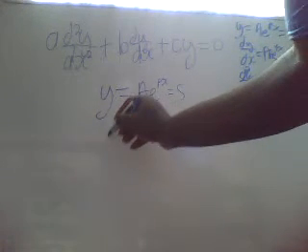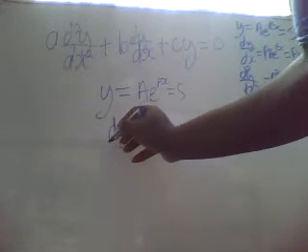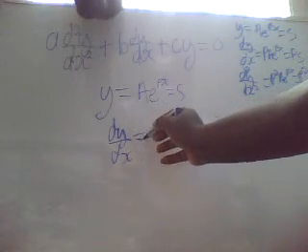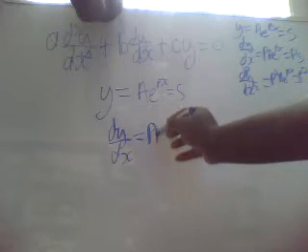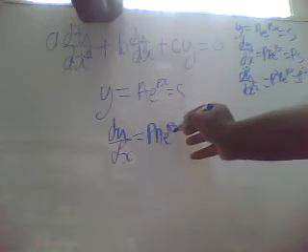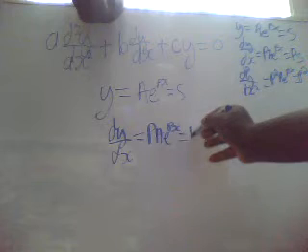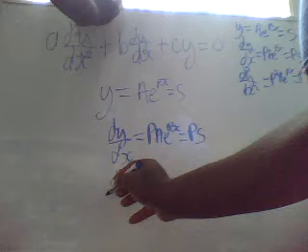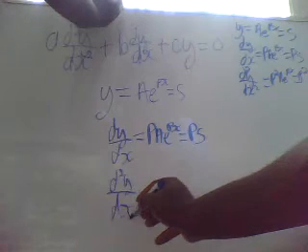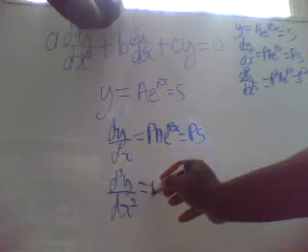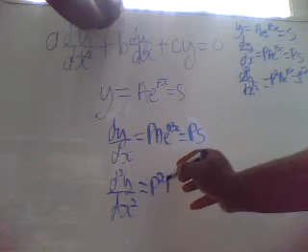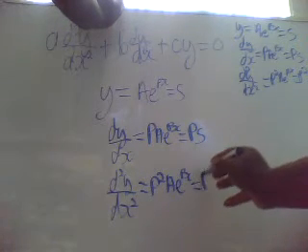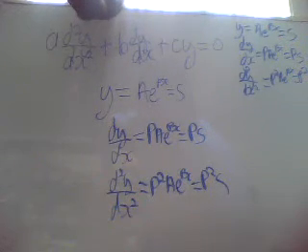Let me write that here so it's nicer and clearer. y is equal to A e to the px, which is s, the derivative is equal to pA e to the px, which is equal to ps, and then the second derivative is equal to p squared A e to the px, which is equal to p squared s.